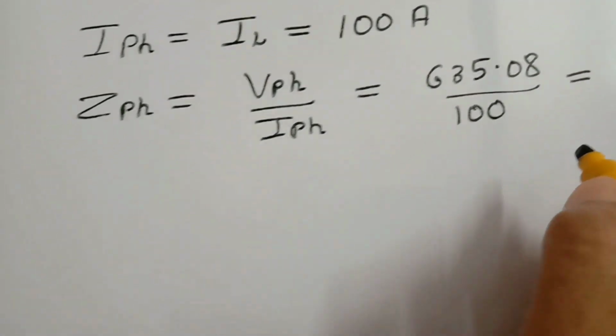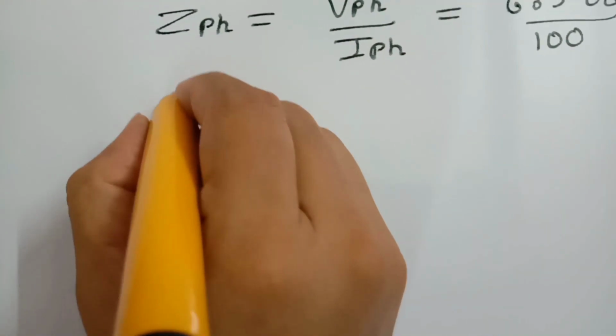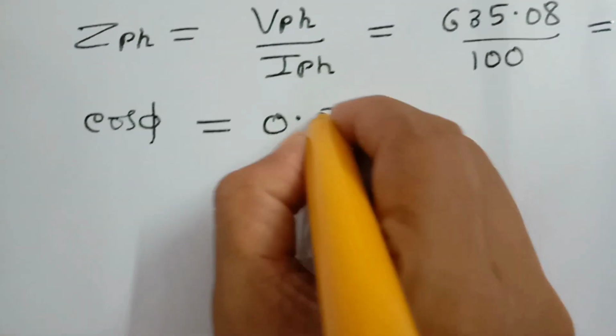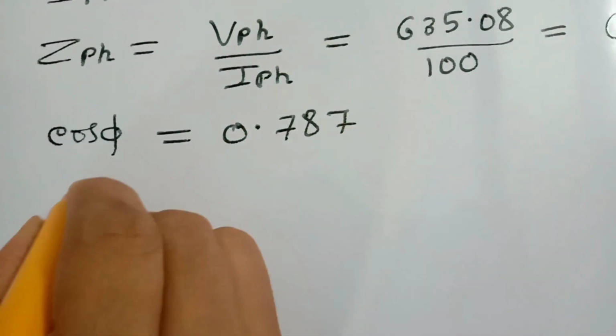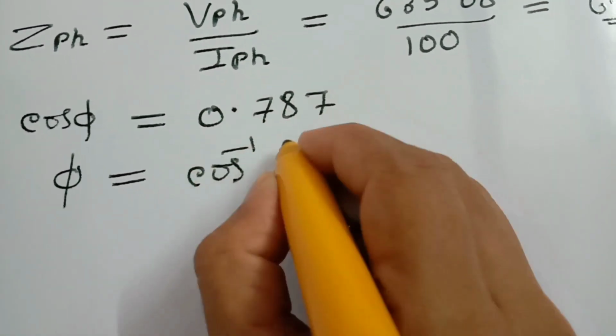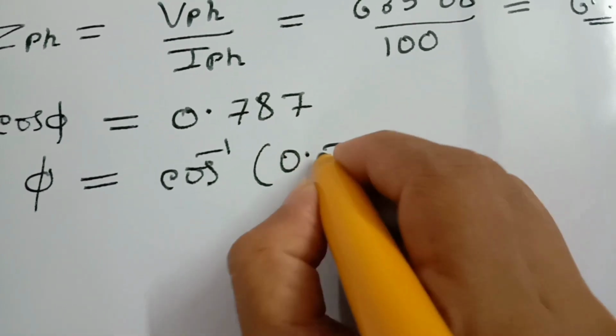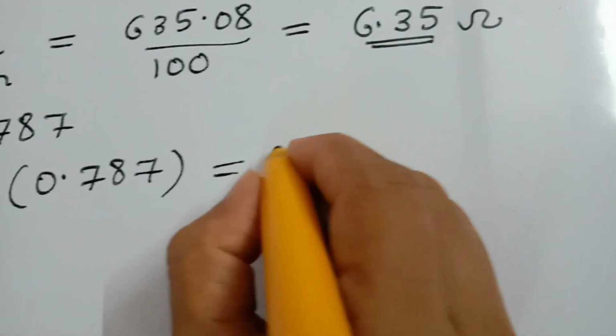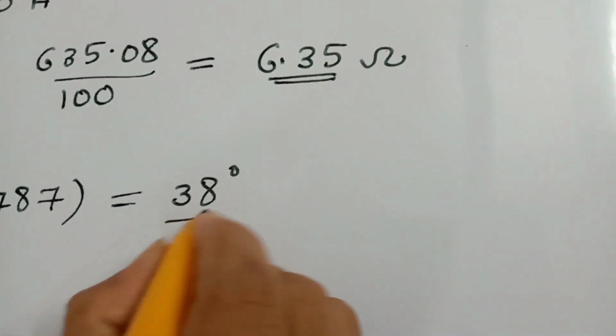Now we know power factor cos phi is equal to 0.787. So to find out the phase angle phi, it is cos inverse of 0.787. You will get the angle as 38 degree.